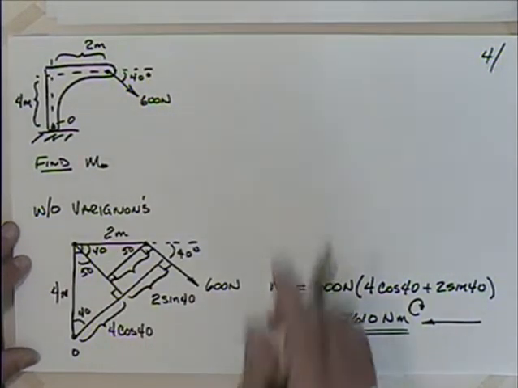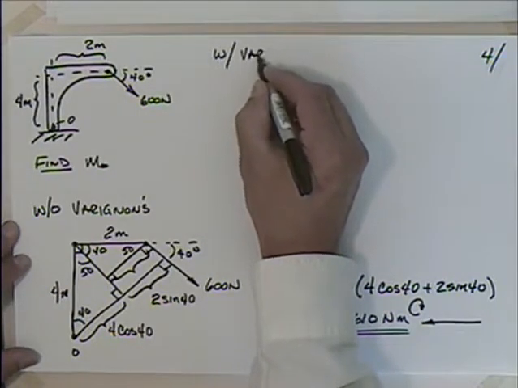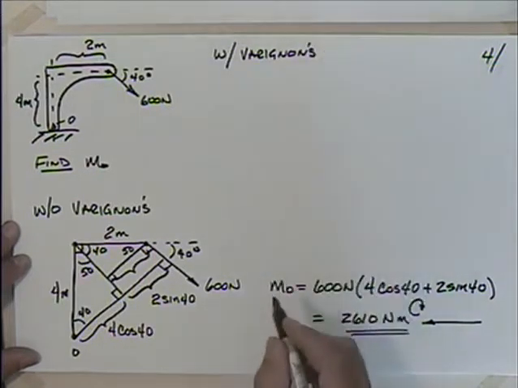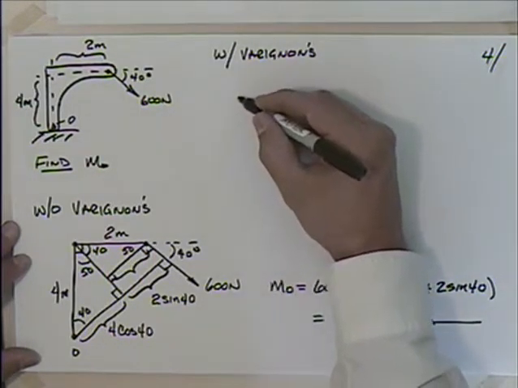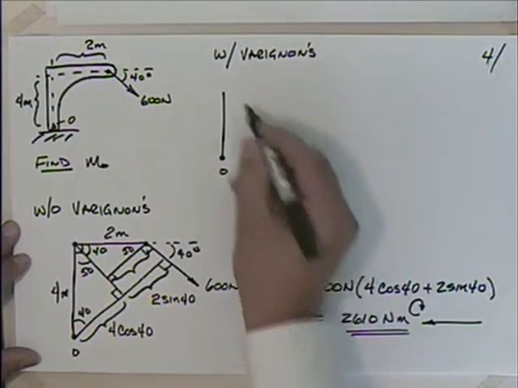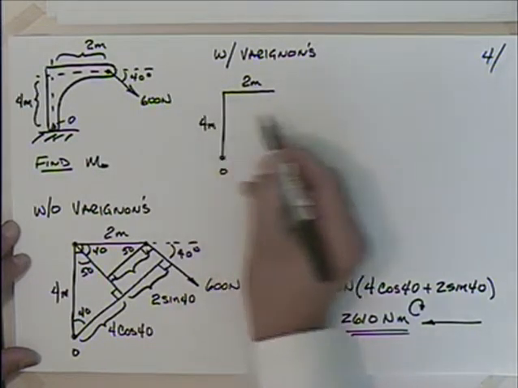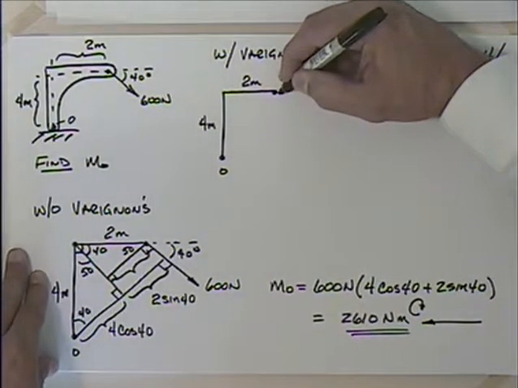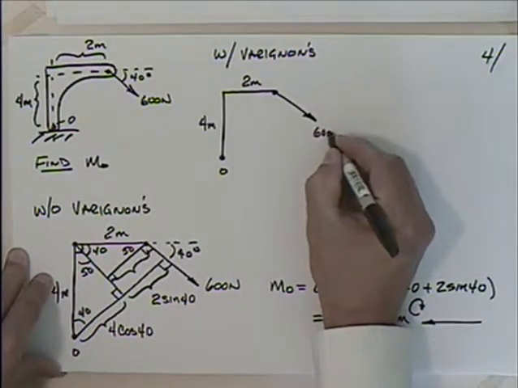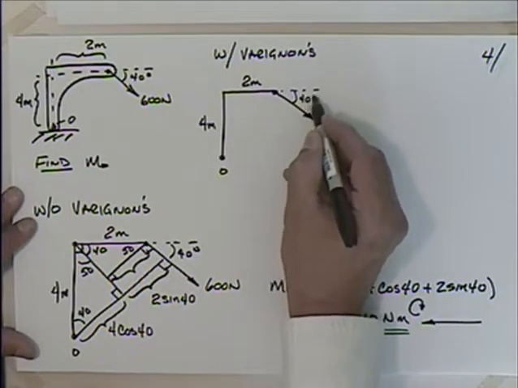Well, let's try it then with Varignon's. Now come back and compare this. Let's try it with Varignon's. And with Varignon's, again, I will draw this a little bit more schematically. There's O. I have 2 meters and 4 meters. And I'm applying this force here like this. 600 newtons, 40 degrees.